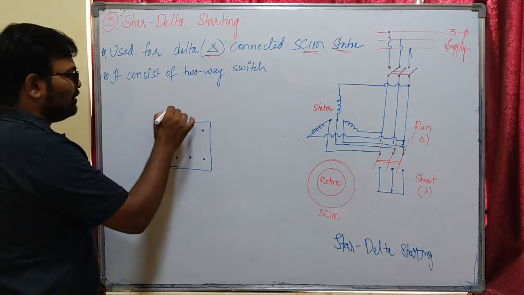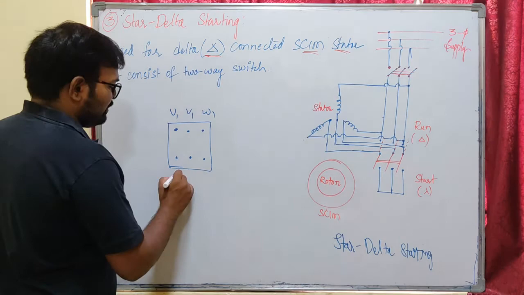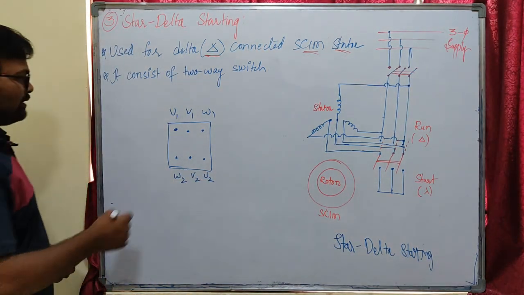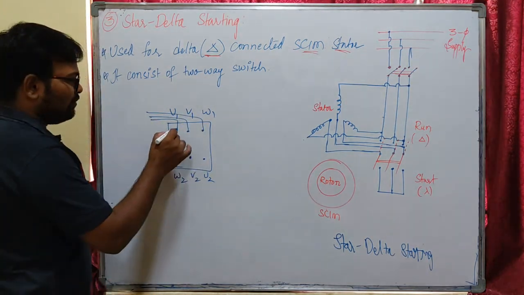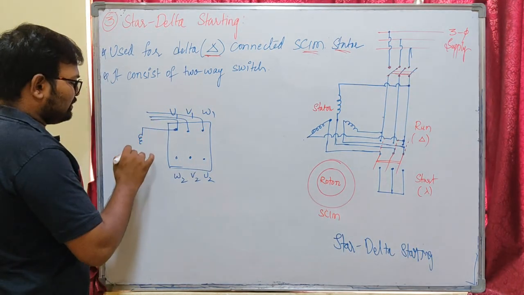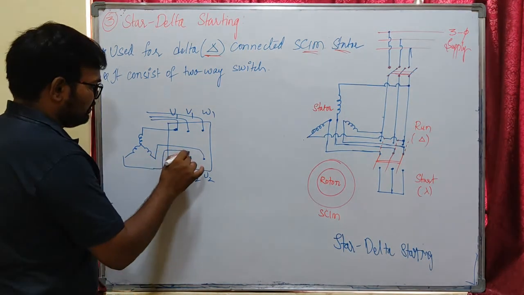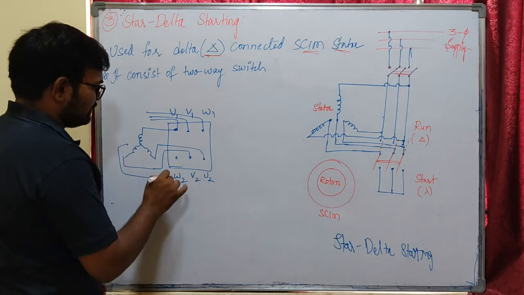Here there will be three terminals, U1, V1, W1, and here W2, V2, U2. So the stator terminals will be supplied using three-phase supply. This will go into our stator winding and this winding will come out like this.